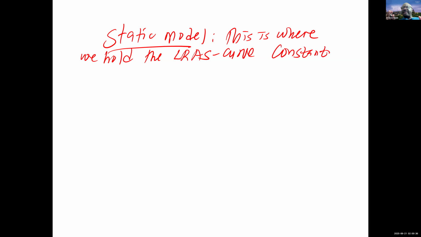So the long run aggregate supply curve in a static model does not shift. We're going to assume that there's constant technology. The overall economy-wide capital stock is not changing that much, because those are the things that shift the long run aggregate supply curve. We talked about it in part one. So if we hold the long run aggregate supply curve, that means we're going to be concentrating on shifting aggregate demand and the short run aggregate supply curve. But the long run aggregate supply curve will stay the same under the static model. So let's start with the static model first.